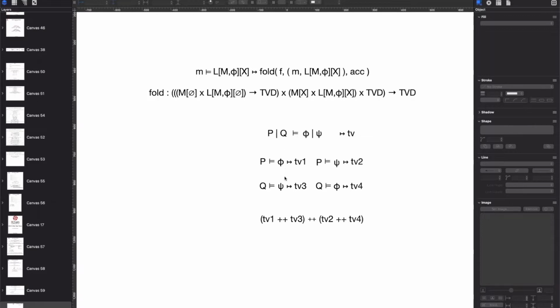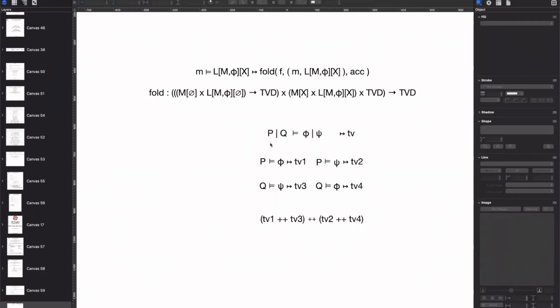So obviously when we unpack this, because this operator is commutative, when we recursively descend, we want to consider the case where P models phi and Q models C, that's this one, and also the case where P models C and Q models phi. So that's this one.